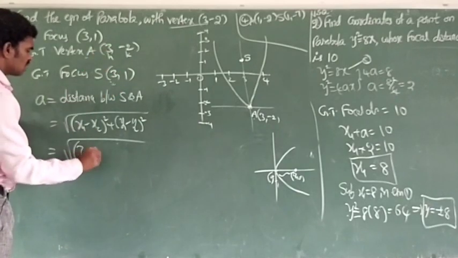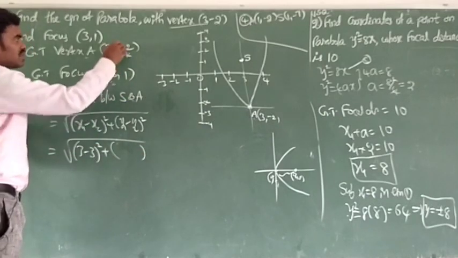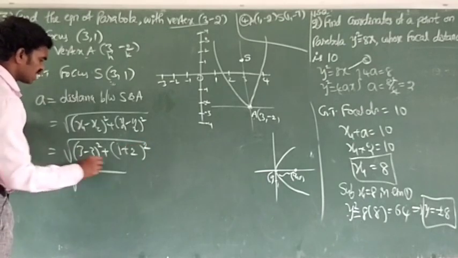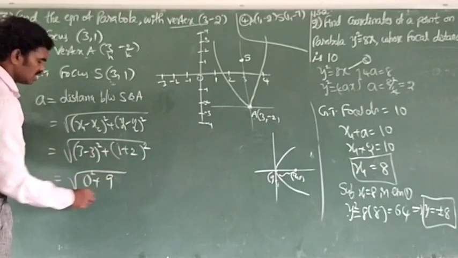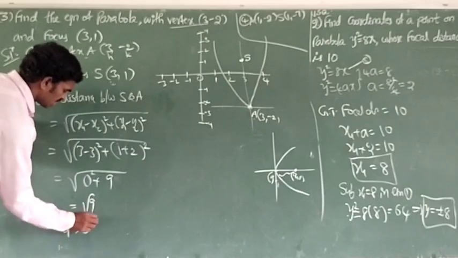So (3 minus 3) whole square plus (1 minus of minus 2, which means 1 plus 2) whole square. Simplifying, 3 minus 3 is 0, and 1 plus 2 is 3, 3 square is 9. So root 9 means 3. So the a value we got is 3.